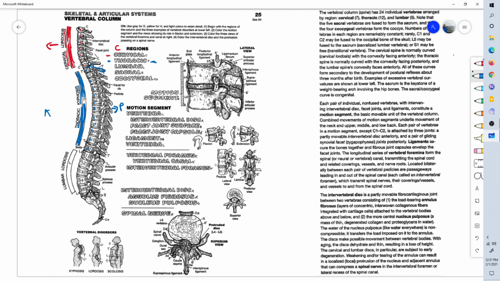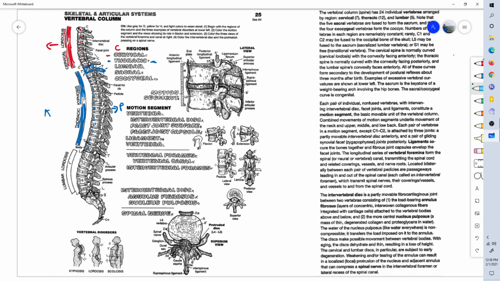This is thoracic vertebra number 1. And here you see the different parts of the thoracic vertebra, which we will go through in a moment. But here you see the spinous process, the transverse process, the body.